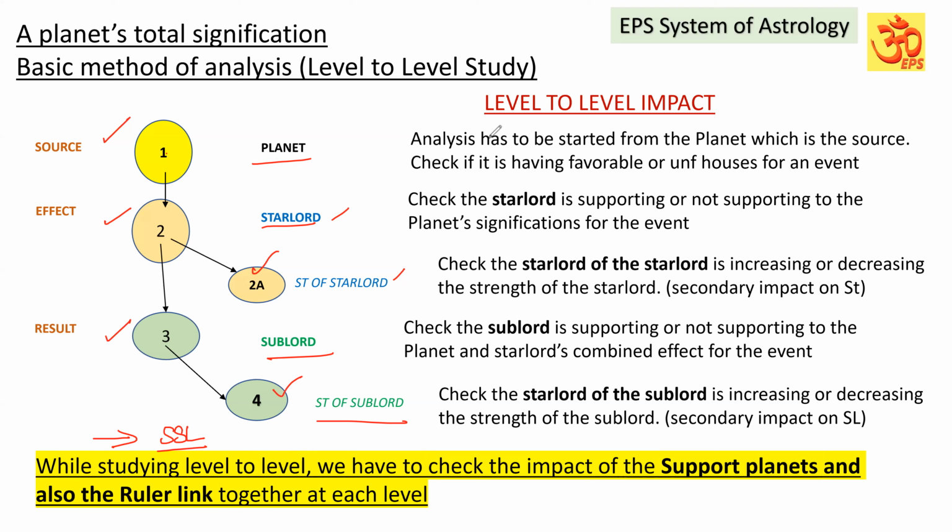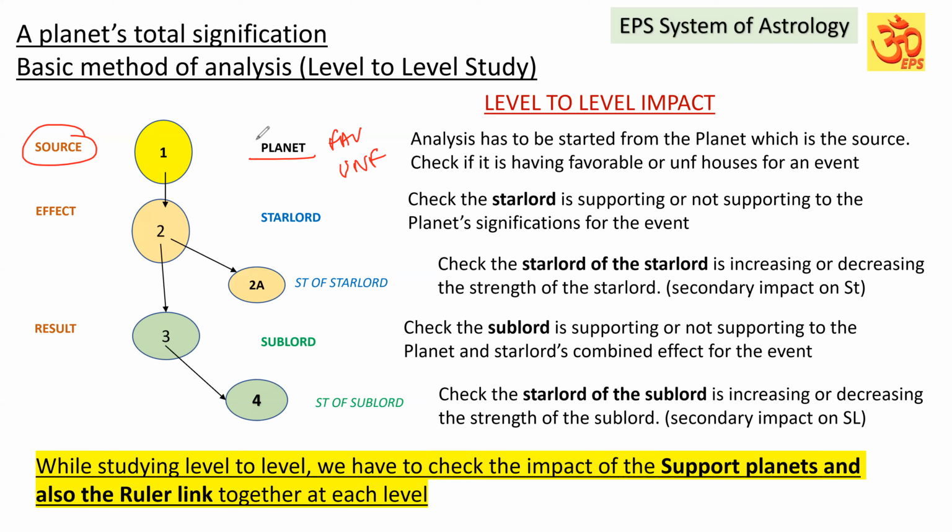Okay, now, when we are going to study, the planet is the source. Analysis has to be started from the planet, which is the source. Check if the planet is having favorable or unfavorable houses for an event. We have to check the planet's significations. That planet is in the nakshatra of a planet, so that is the effect.